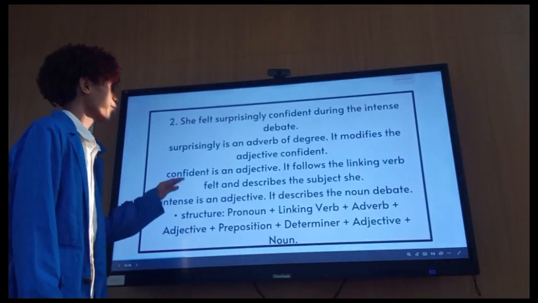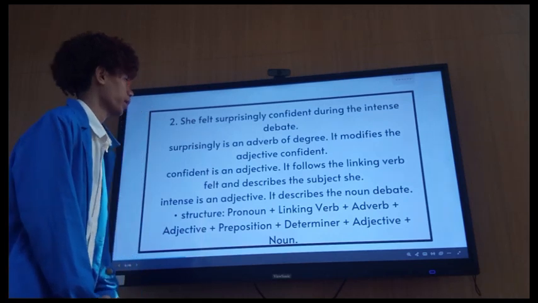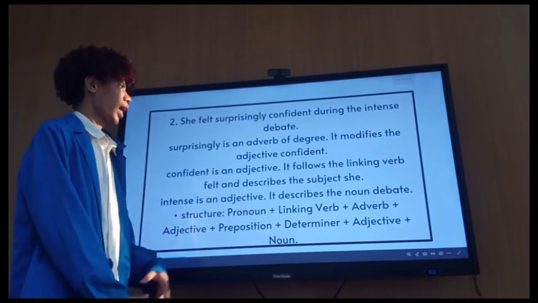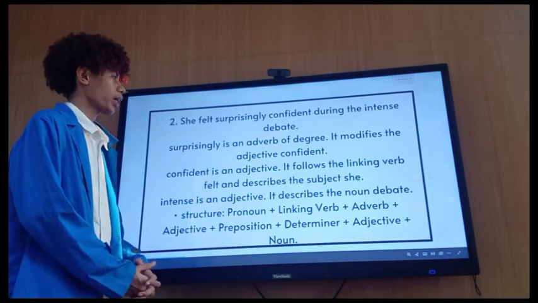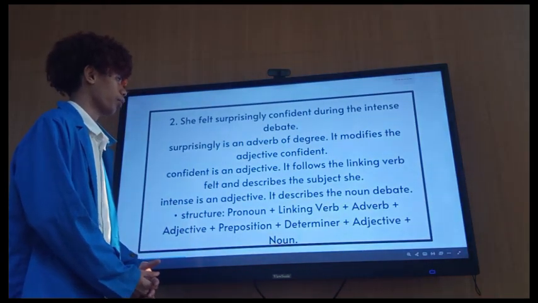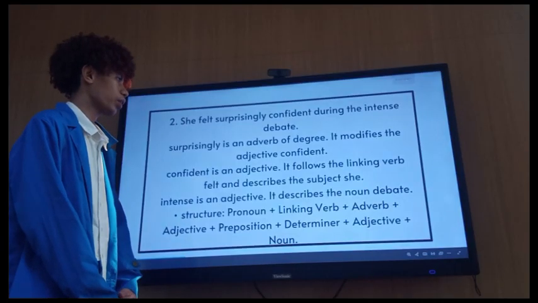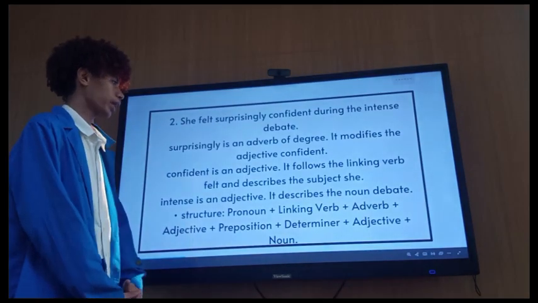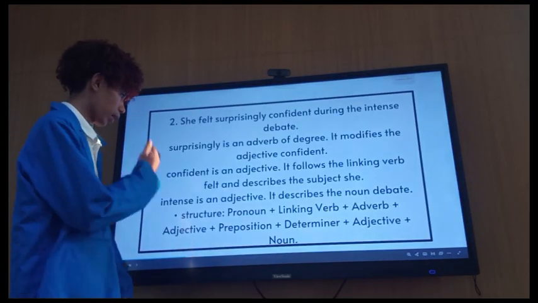She felt surprisingly confident during the intense debate. Surprisingly is an adverb of degree. It modifies the adjective confident. Confident is an adjective. It follows the linking verb felt and describes the subject she. Intense is an adjective.